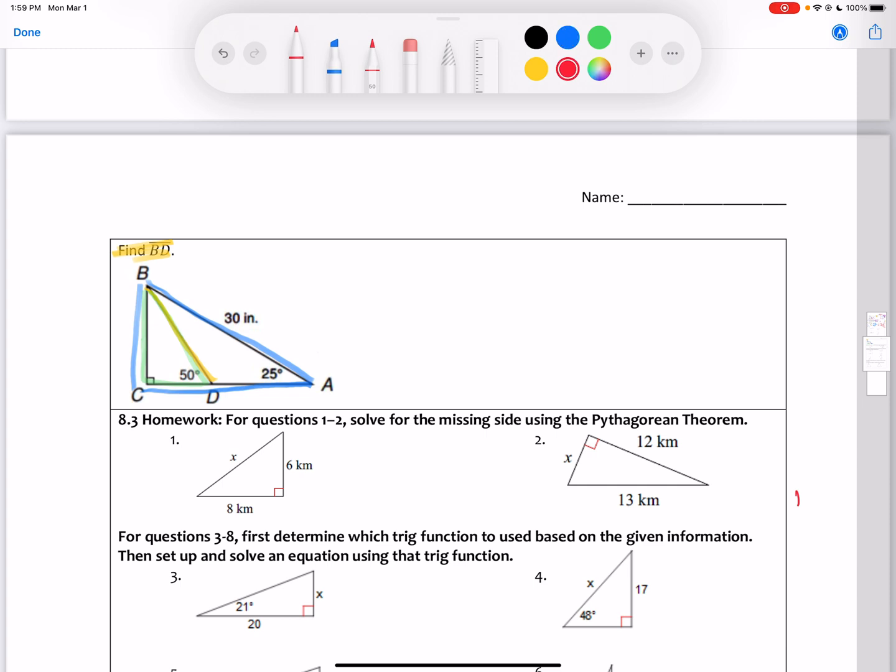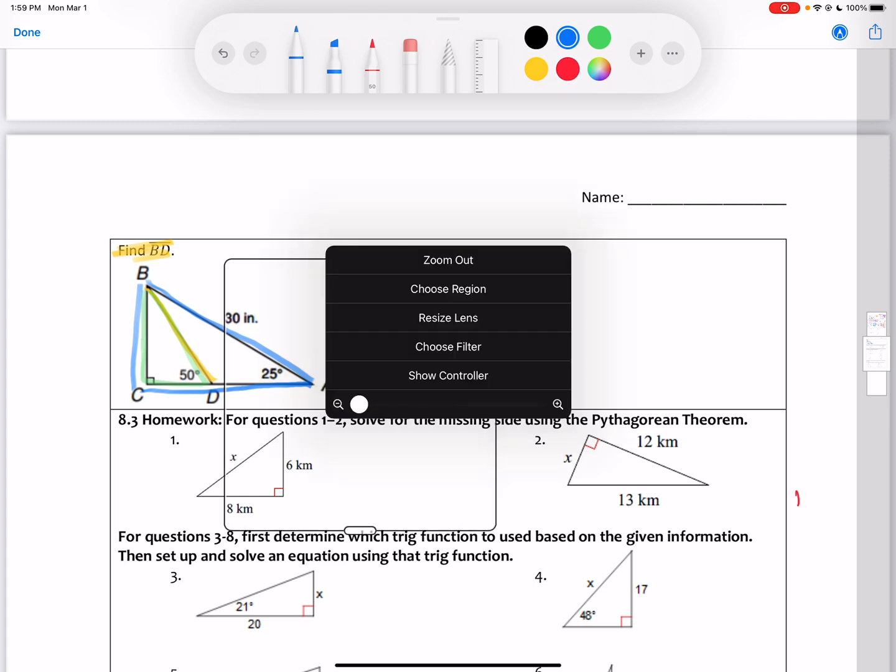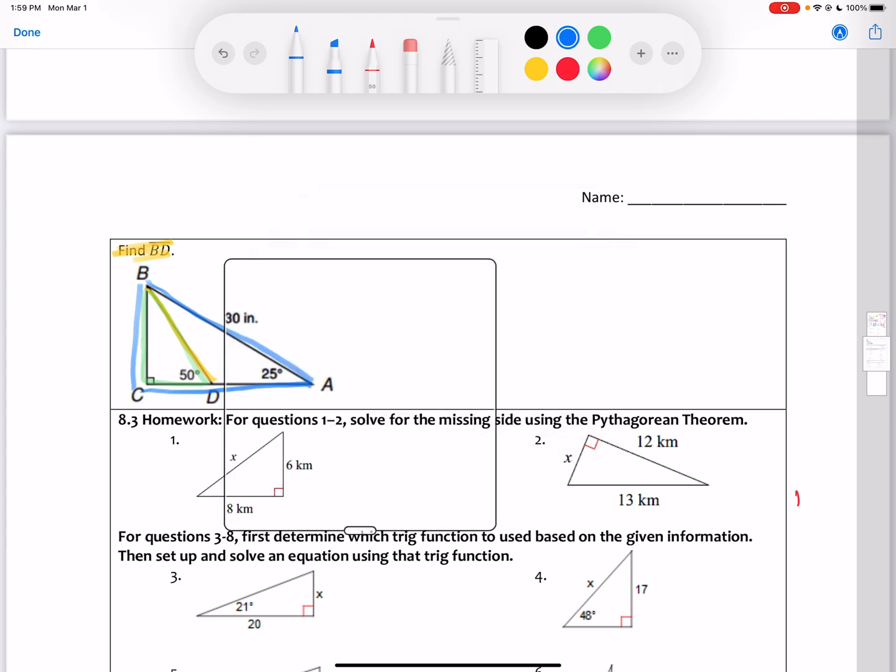Okay, right now the green triangle only gives me the angle, so I'm missing a side length. But in the blue triangle, I'm given an angle and a side. So I can solve for BC by labeling that x. And in that case, I have opposite, hypotenuse, which is going to be sine.